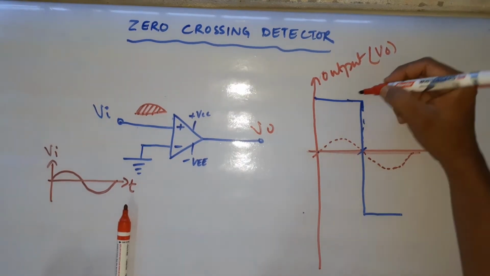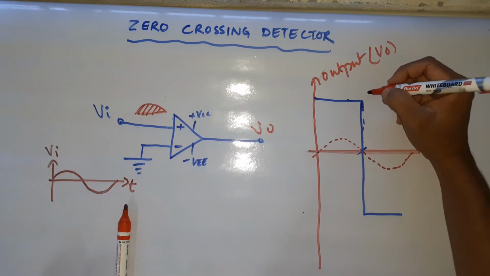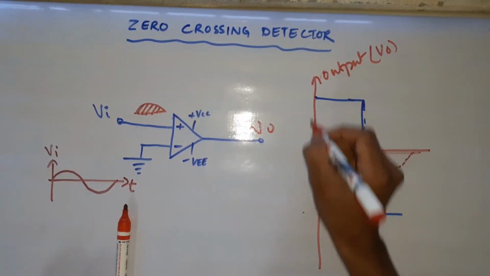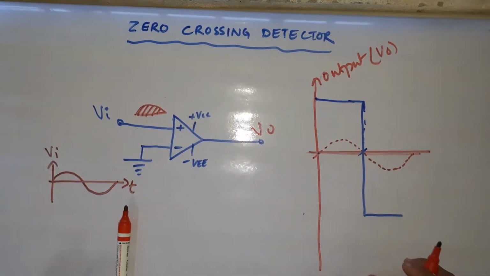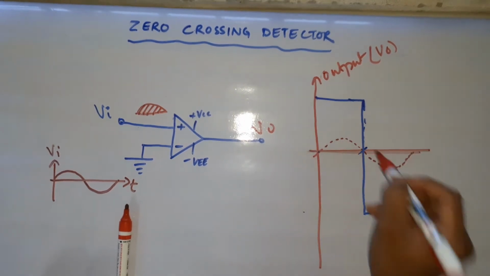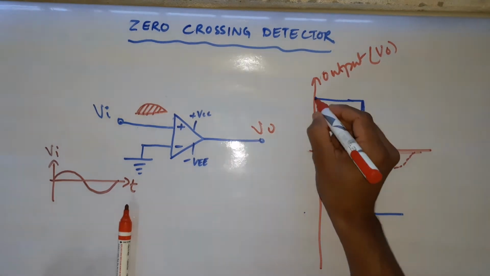Now you may be thinking why I have drawn a rectangular output here. The blue line is representing the output. It is rectangular because it is representing the maximum possible output.